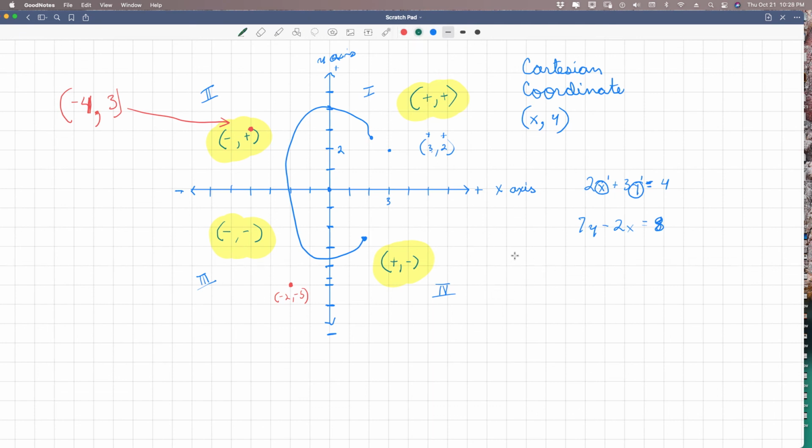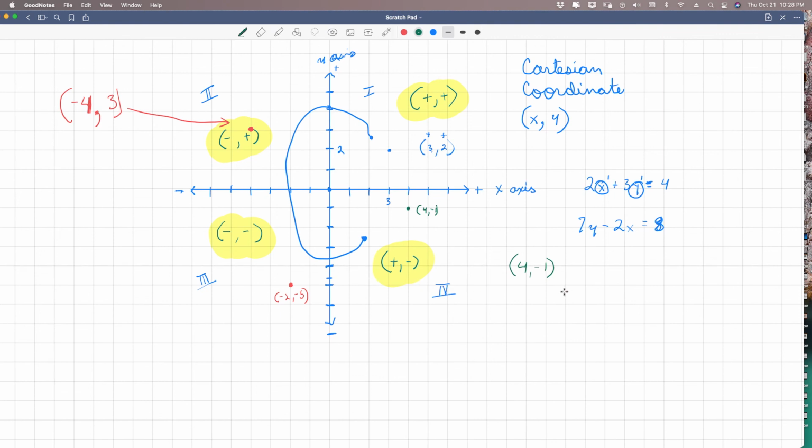Let's say we had a +4, -1. So we'd have positive on the x-axis, 1, 2, 3, 4, and a -1. And then we would label it 4, -1, just like that.